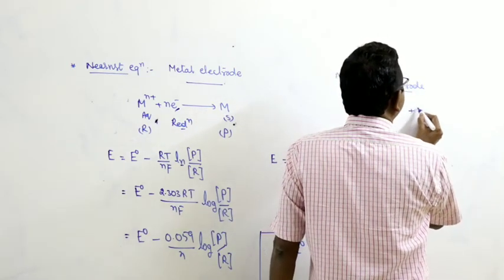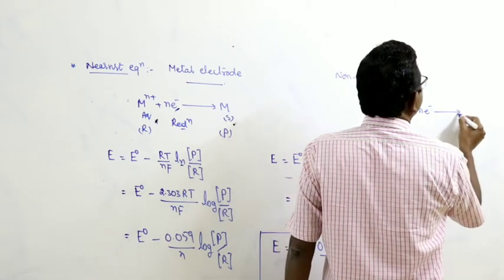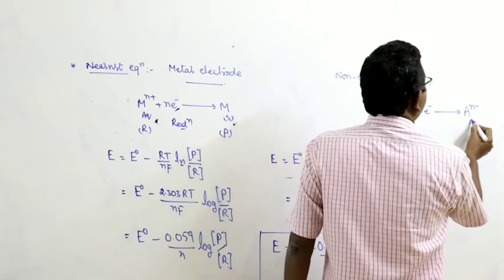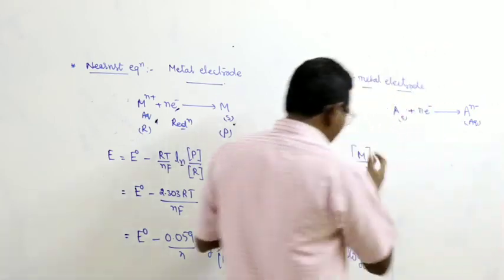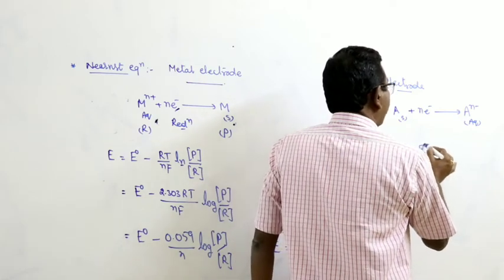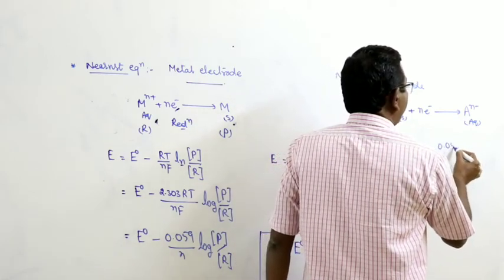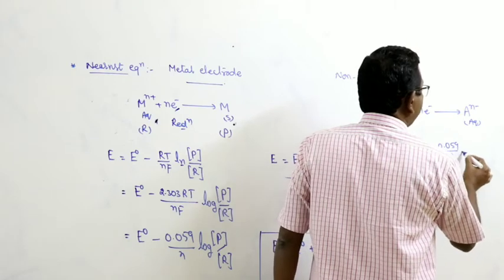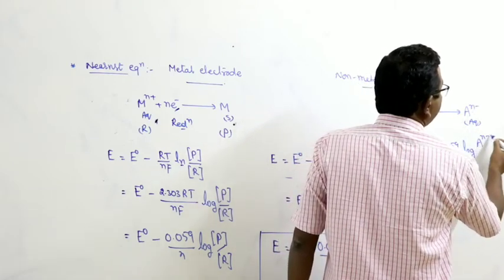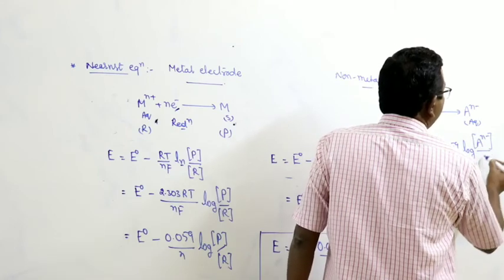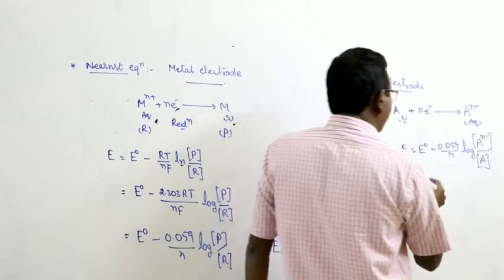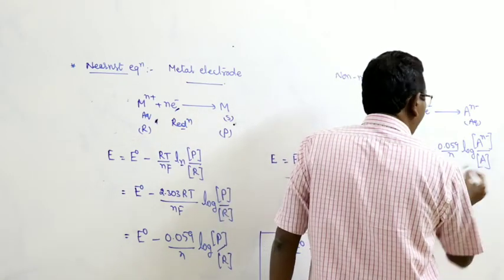But in case of the non-metal electrode, the same thing is: A plus n moles of electrons gives rise to A^n-. This is solid and this is the aqueous solution. Apply the same thing here. E is equal to E naught minus 0.059 by n into log concentration of product A^n- by concentration of A. Here this is solid, its value is taken as 1.